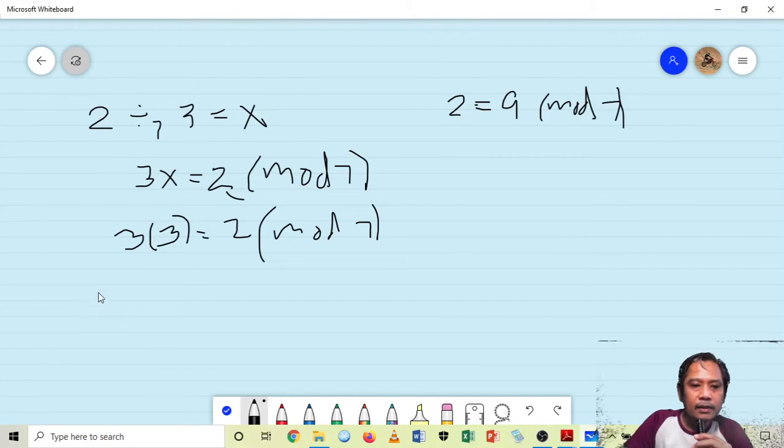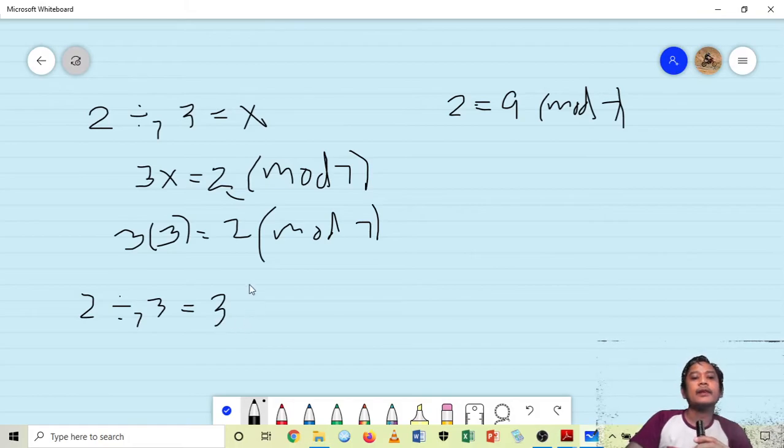Hence, 2 divided by 3 in modulo 7 is equal to 3. Why? Because 3 times 3 is equal to 2 in modulo 7.